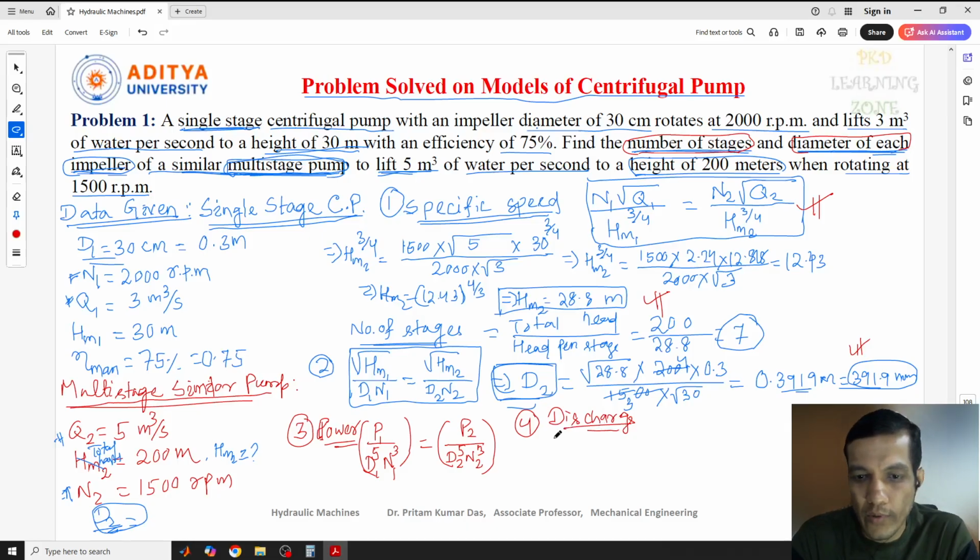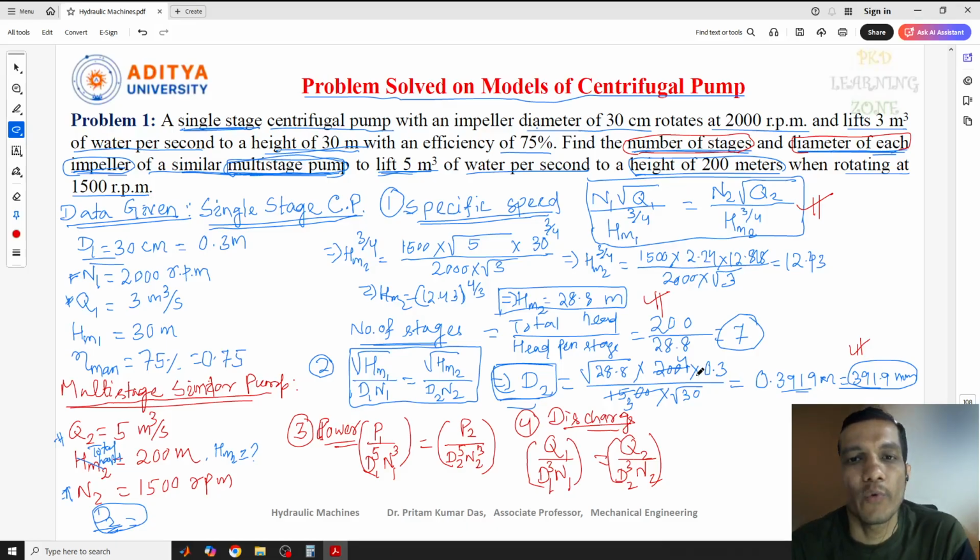For that also we know the formula, that is Q by N D cubed, Q by N D to the power 3, and this is for the model, and it will be equal for the prototype. So same thing, like Q by N D cubed here. Either I'll write model, prototype, or I can write this as 1 1 1 and this as 2 2 2. Okay, these two are the differences in this formula.